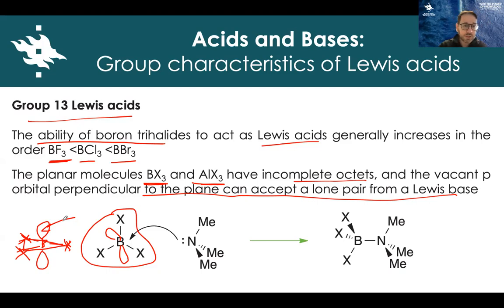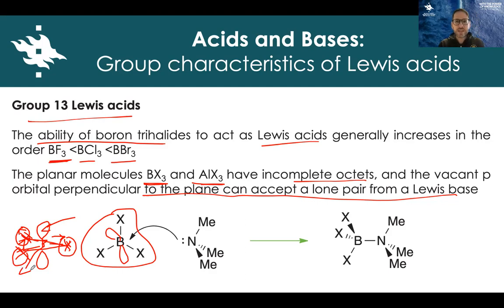So what we would expect is that as the halogens become more electronegative, they can attract the electron density from the central atom, from boron.